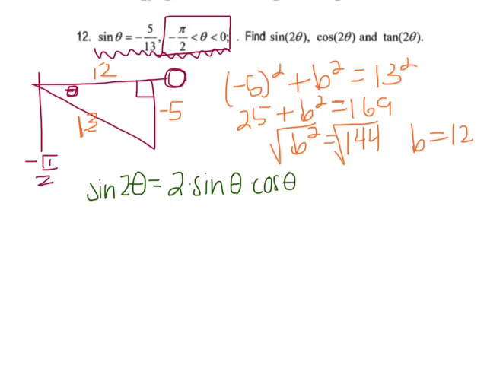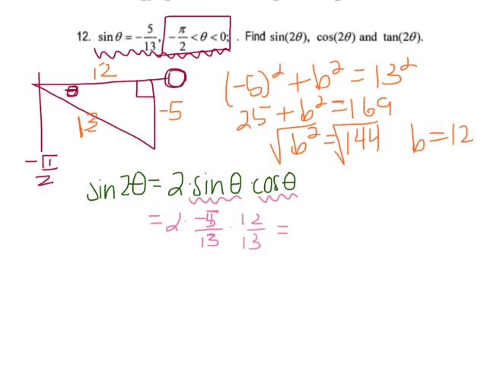Just like we've done with all the other formulas, all you're going to do is replace each of these trig functions with what their ratio is in the triangle. So if we look at our triangle, we have 2 times sine, which we already know was negative 5/13 because that was given to us, times cosine, which is, if you look at our triangle, 12/13.